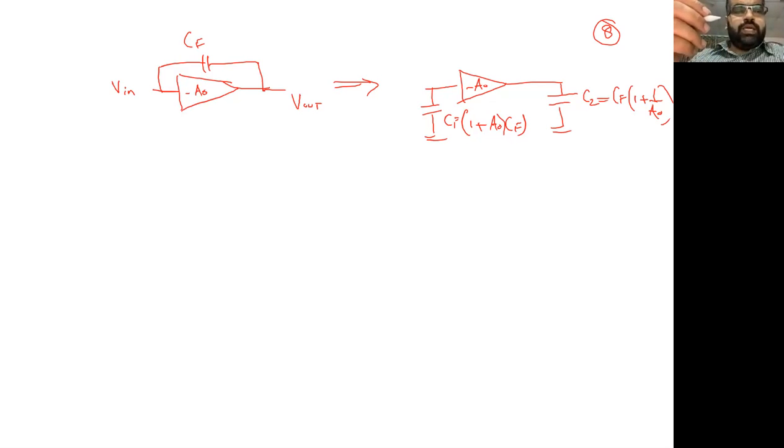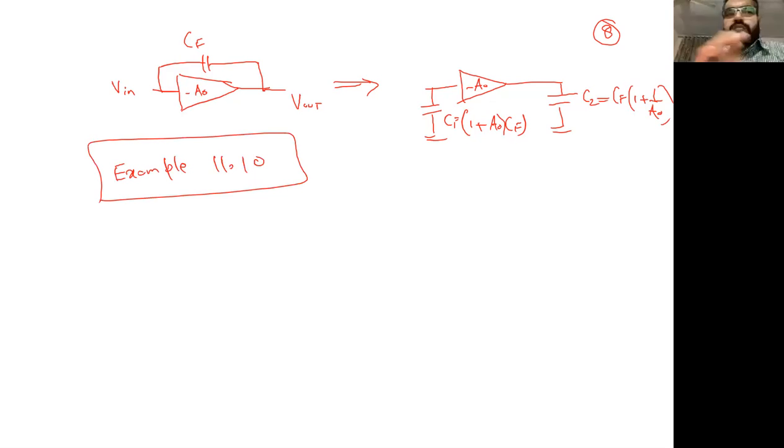So another example is somehow similar to the one we have seen. We just did that example, but make sure to do this example yourself also, example 11.10 from your book, since it's chapter 11.